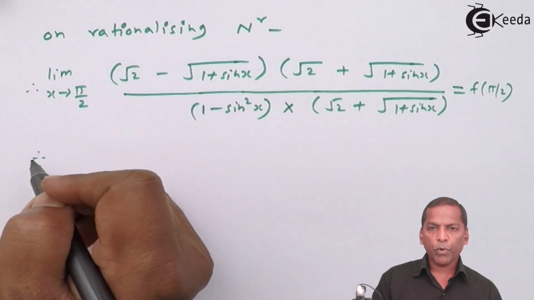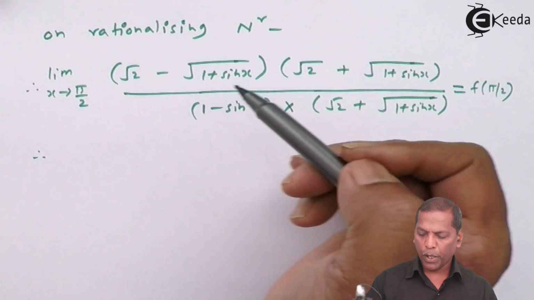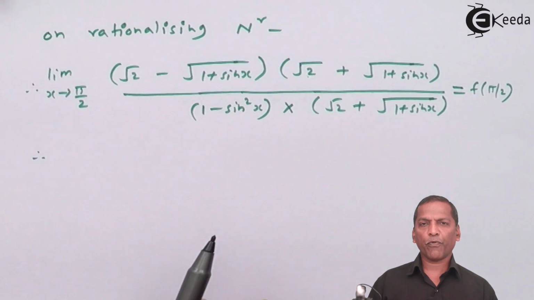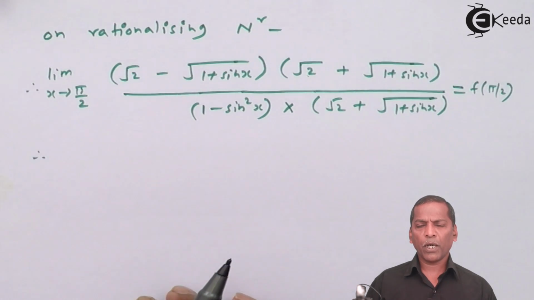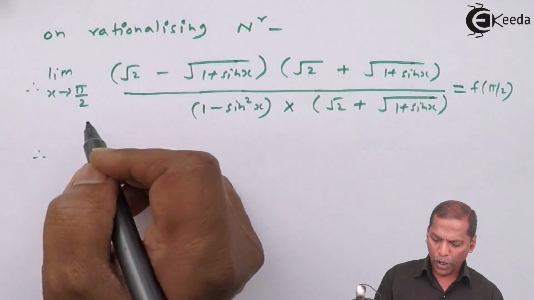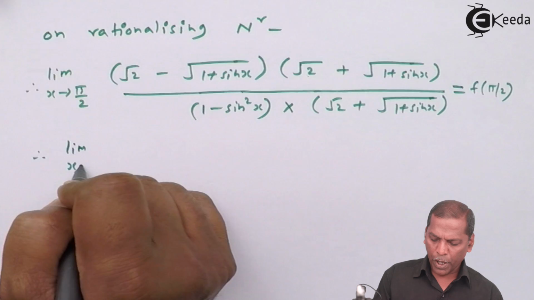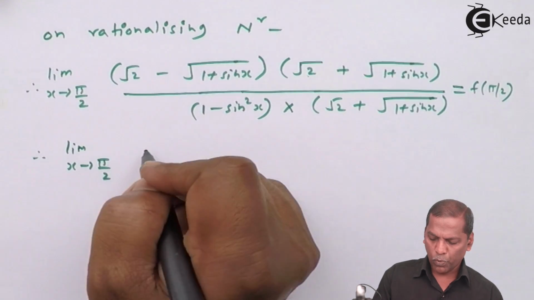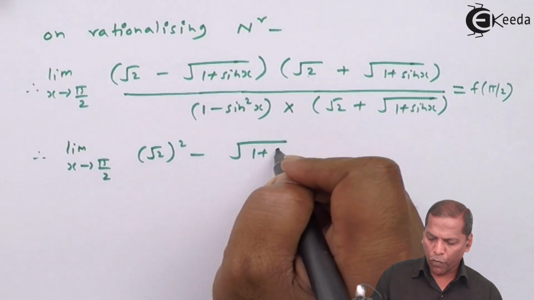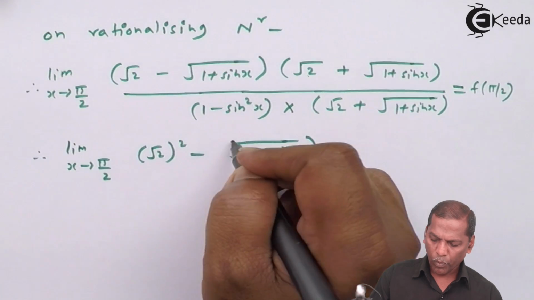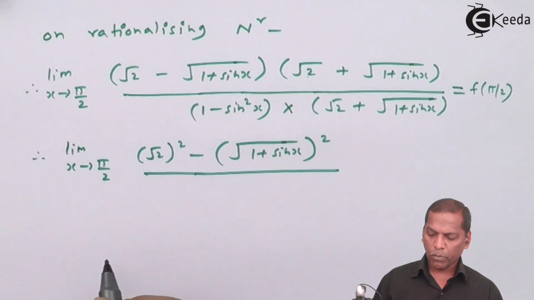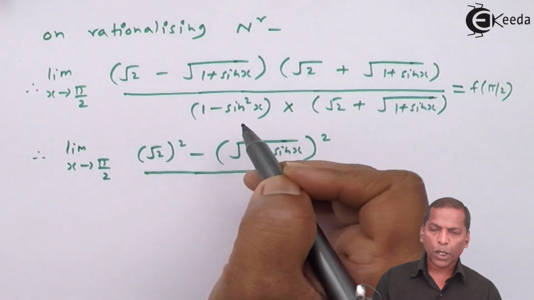Now in the numerator we use the formula a minus b in the first bracket and a plus b in the second bracket. By using the standard formula, a minus b into a plus b is equal to a square minus b square. So in the present case we have limit x tends to pi by 2, root 2 the whole square minus square root of 1 plus sin x the whole square, and totally divided by 1 minus sin square x.